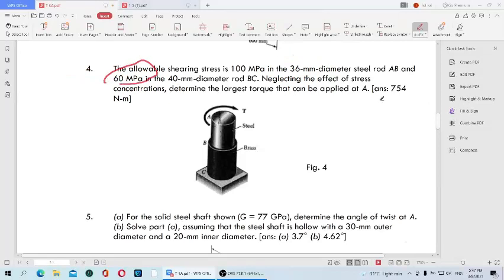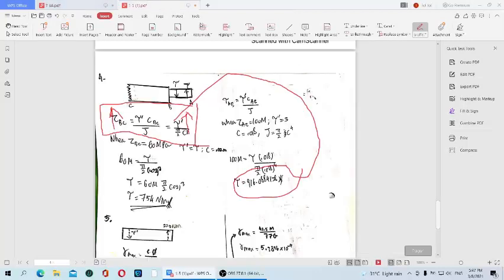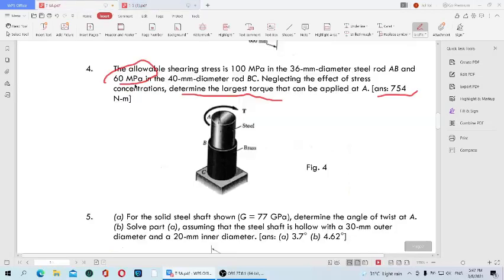So that's why the answer will be 754. It is said to determine the largest torque, but why didn't we take this value? If we think logically, this value is bigger than this one. The reason is that if you take this value instead of this value and insert it into the first equation for tau BC, the shearing stress will exceed the allowable shearing stress, and this part will fail.